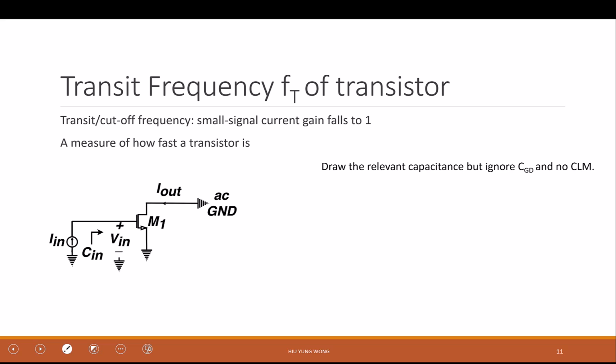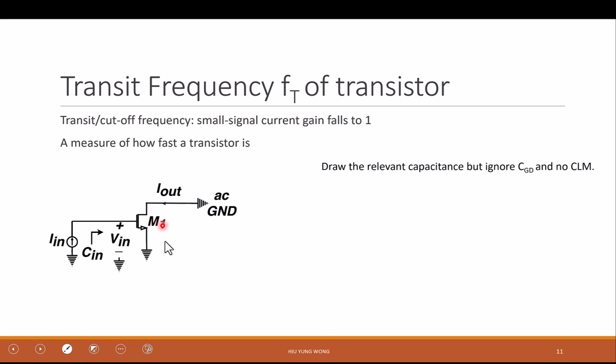Right, you say my building can support maybe 1 ton per square meter. Then your bricks need to support at least 2,000 kg per square meter, right? Otherwise, you cannot do that unless you have some special design. And this is the so-called transit frequency. And what does it mean?